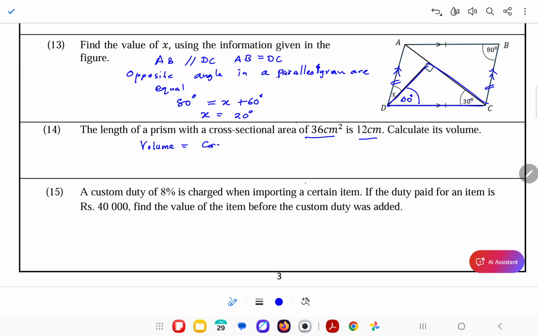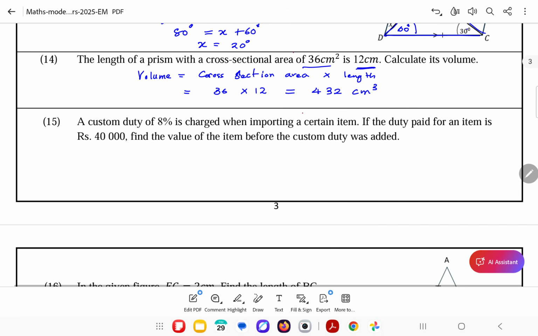Cross-section area into length. So we have both, no? Cross-section area is 36 and the length is given to be 12. So 36 into 12 is what? 432 cubic centimeters, right?